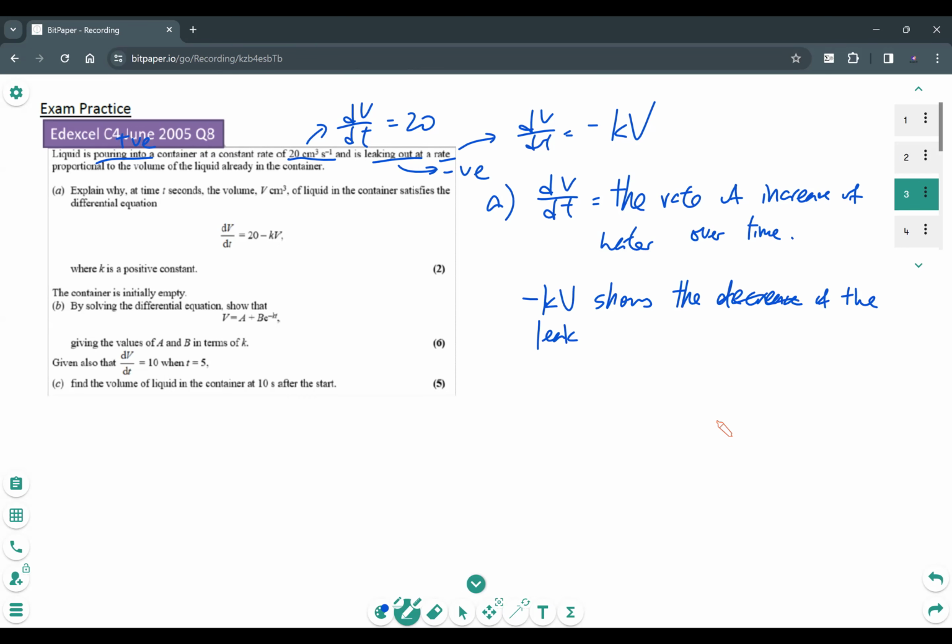That shows the effect of the leak. And then you also have to say K is the constant of proportionality. I should have written a bit neater. Proportionality.